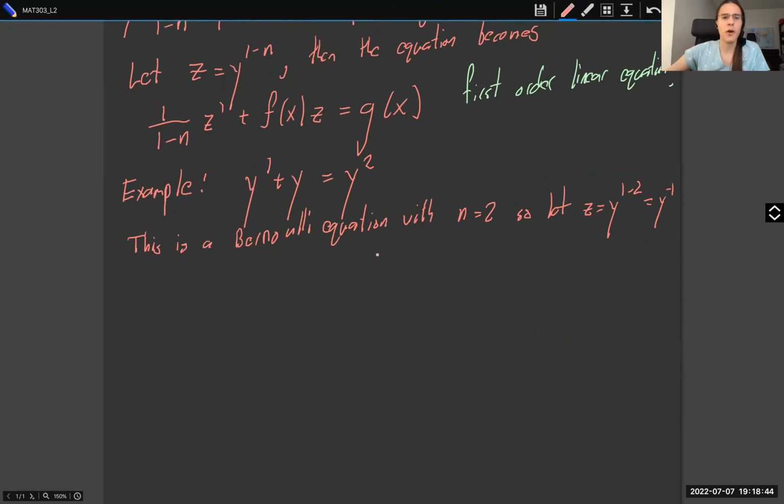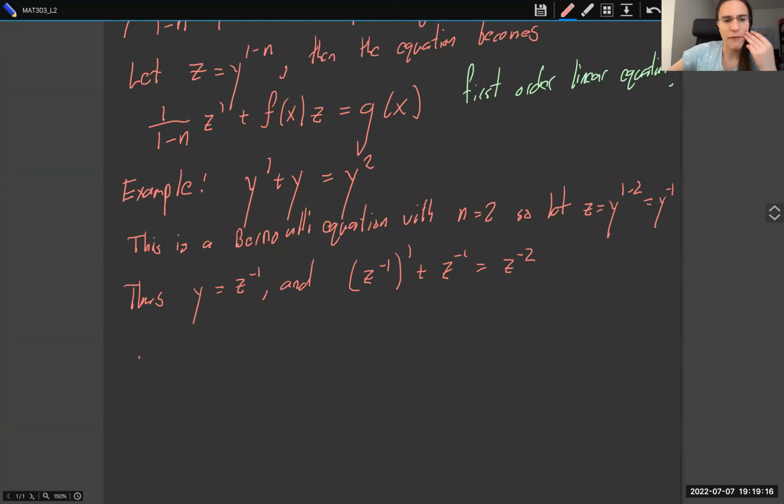And so then we go back to our equation, and what is y? Then y is 1 over z, right? And 1 over z, the derivative of that, plus 1 over z is equal to z to the power of -2, right?